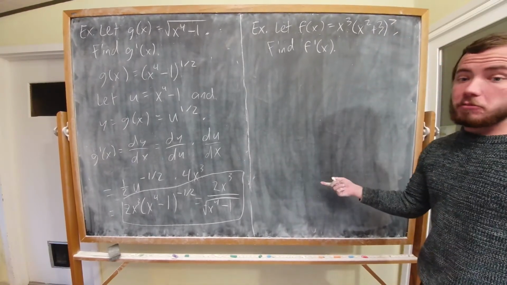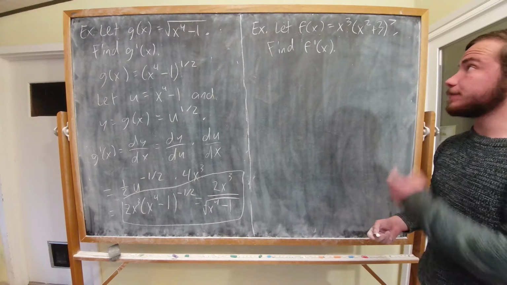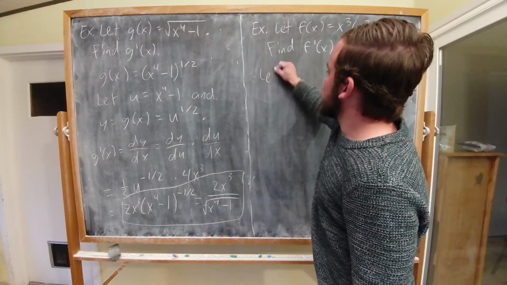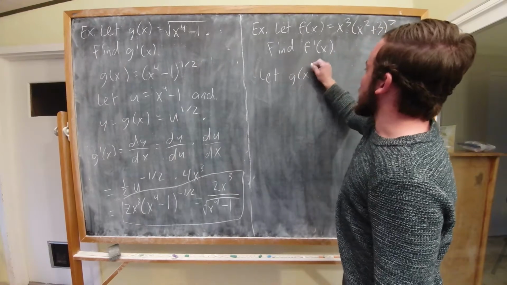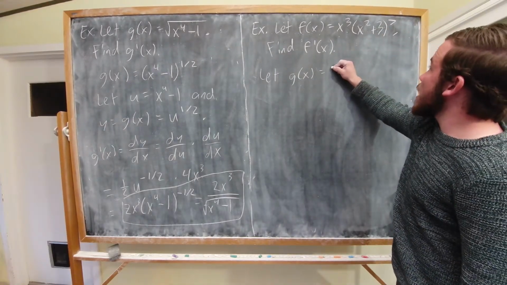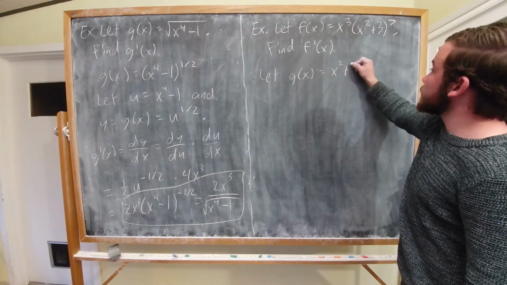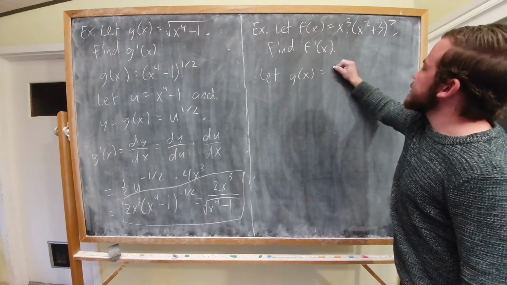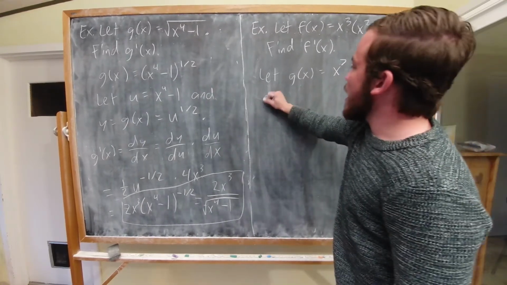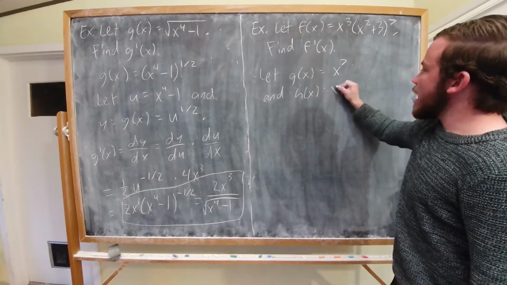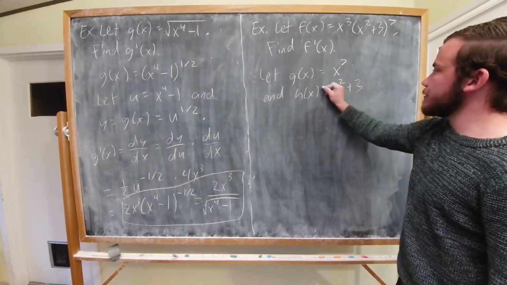We're using an f instead of an h, but I see no problem with that. Let g of x be our outside, which will be x to the 7th, and h of x equal x squared plus 3.